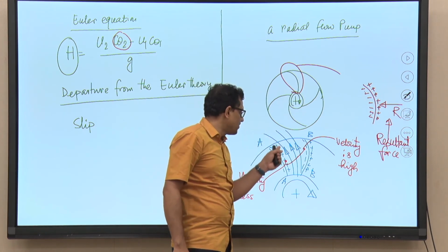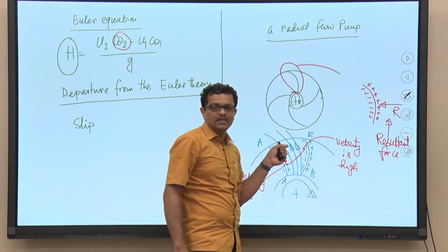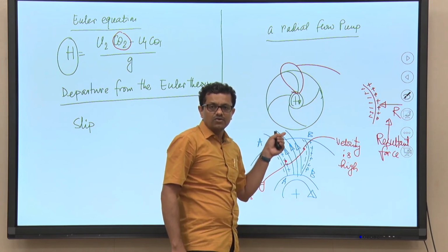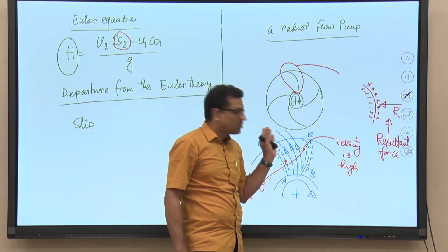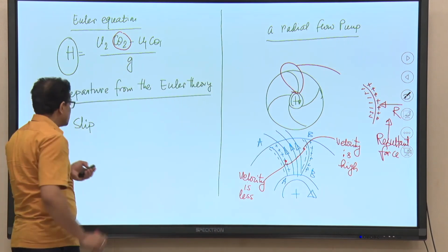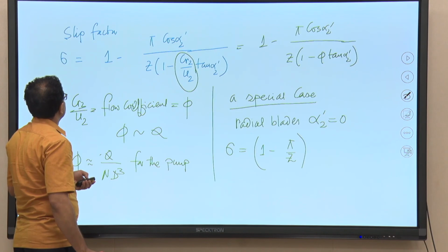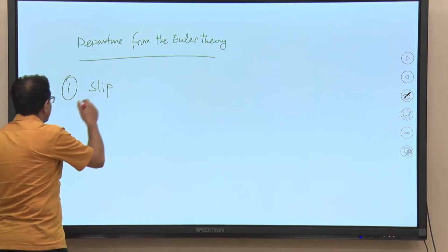So, basically it is not caused by the friction, and therefore, it does not represent a loss. Okay. So, basically slip, that we have understood, is responsible for the departure from the Euler theory.